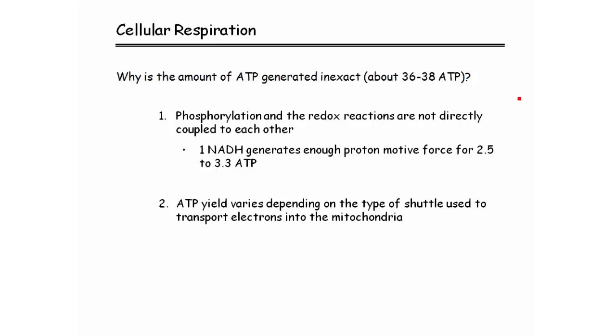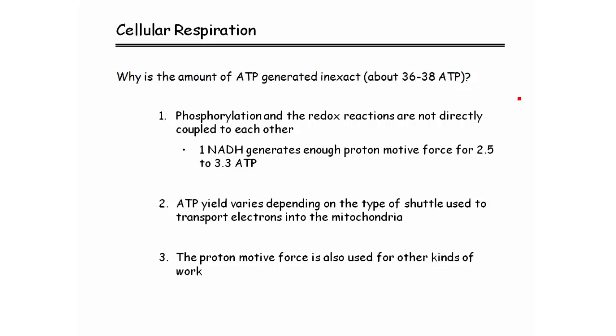We did show the shuttle varying when we transport the electrons that were collected in glycolysis into the mitochondria. Depending on how we get those electrons from NADH into the mitochondria, we will have a final number that is different. And then lastly, this proton motive force, or this hydrogen ion gradient, is a valuable source of energy.